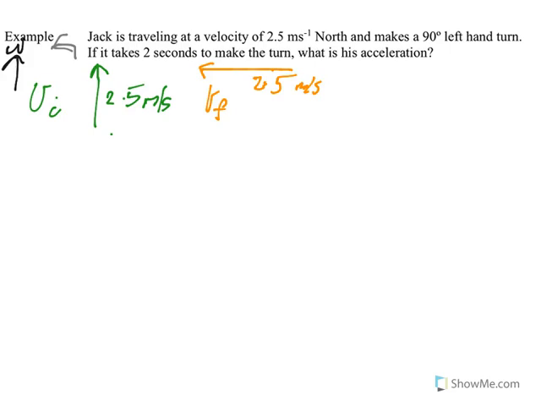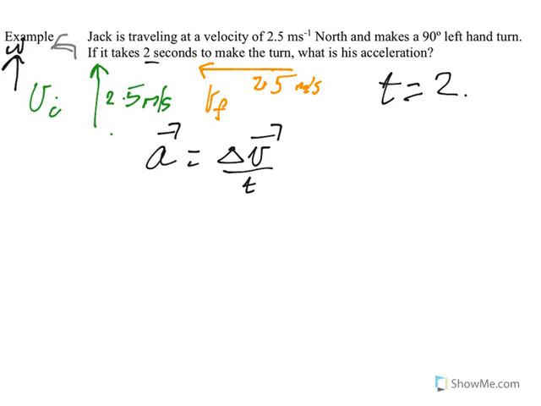Now remember that acceleration is change in velocity over the time. The time we know is 2 seconds, it says that right here. So we need the change in velocity. Remember, the change in velocity is our final minus our initial.